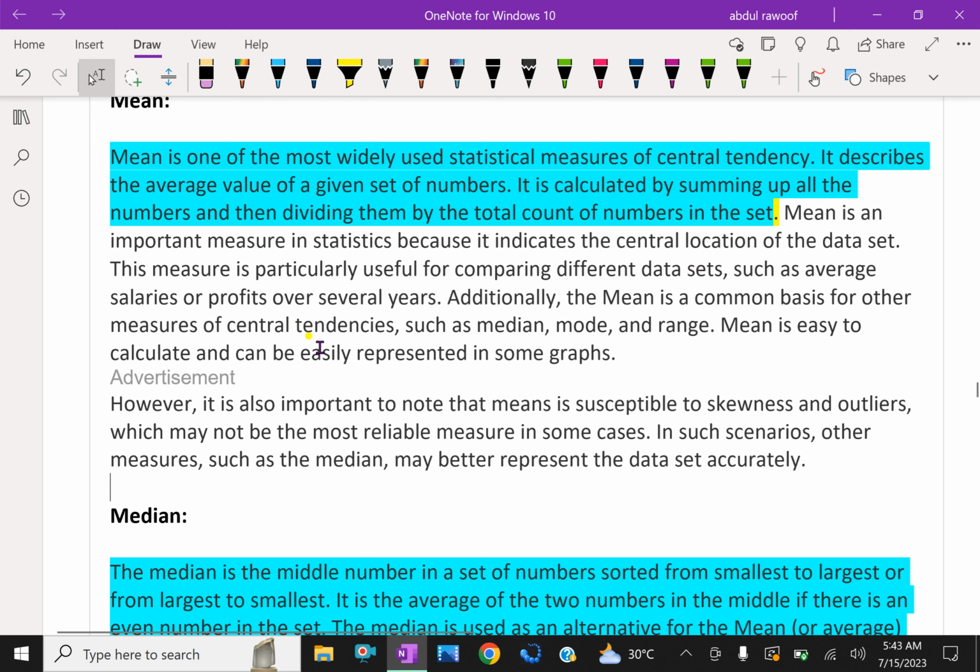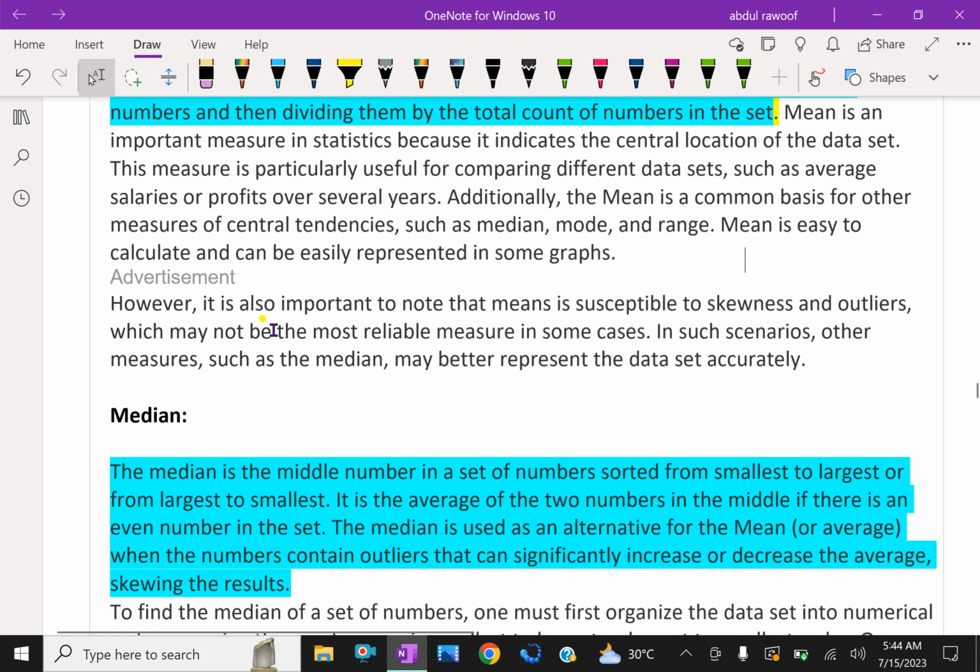This measure is particularly useful for comparing different data sets, such as average salaries or profit over several years. Additionally, the mean is a common basis for other measures such as median, mode, and range. Mean is easy to calculate and can be easily represented in graphs.